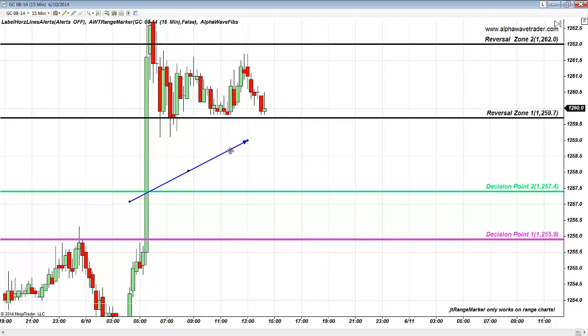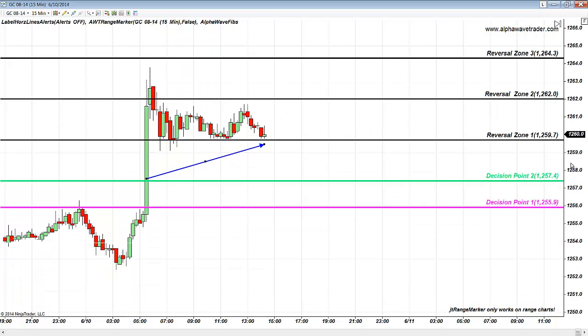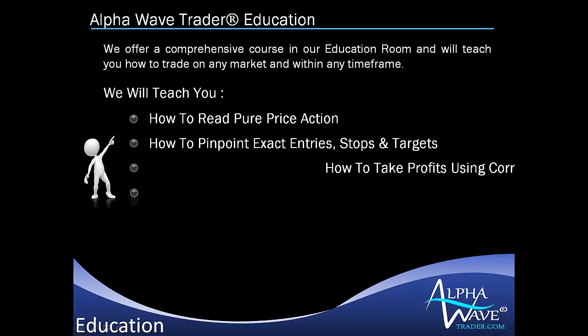Price is showing potential of finding plenty of buyers. In order for the trend to continue further down, it has to blast through this level. And you knew where this level was? Since I will tell you when in just a second. When the trend had started on June 9th at the market close.